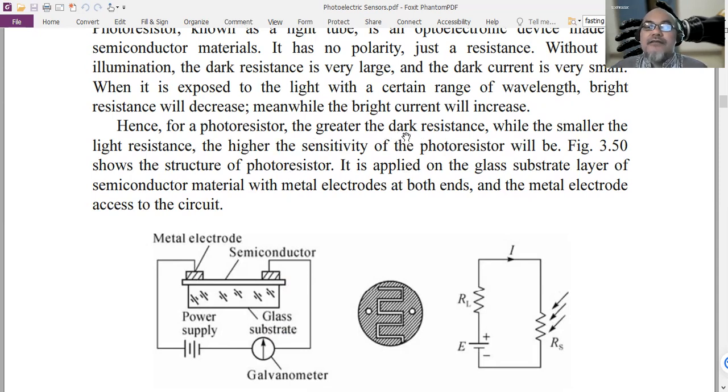When the dark resistance is high, the dark current will be very small, so it doesn't conduct electricity when there is no light. When the bright resistance is small, then immediately when there is light, it can conduct electricity easily.